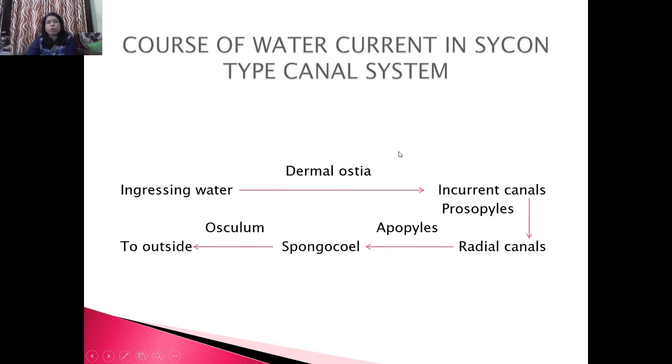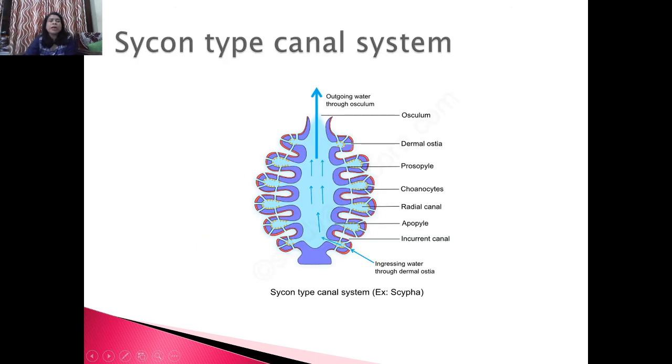The incoming water reaches the incurrent canal through dermal ostia and goes to radial canals through prosopyles. With the help of apopyles, it goes to the spongocoel and goes outside through the osculum. This is the diagrammatic representation of the Sycon type of canal system. Here you can see the foldings of the body wall with dermal ostia.